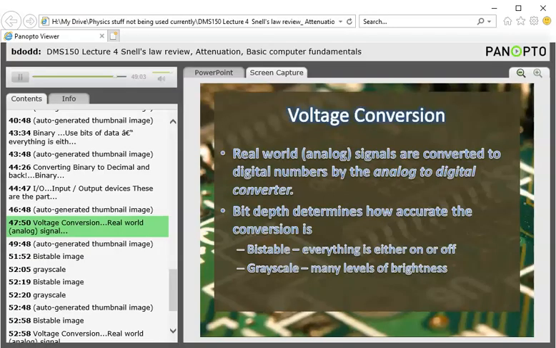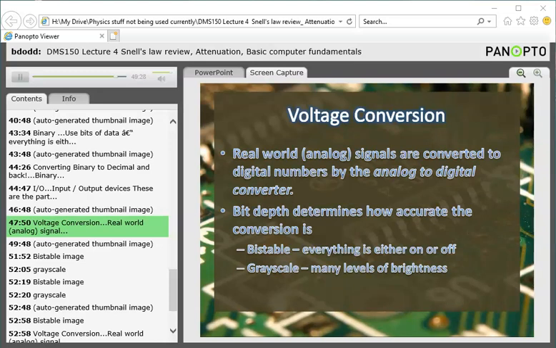So the computer can't understand things that are continuous like that. It understands two things, right? 1 or 0. And sometimes we have to put things together and we say that it's a combination of 1s and 0s, but they're all discrete numbers.